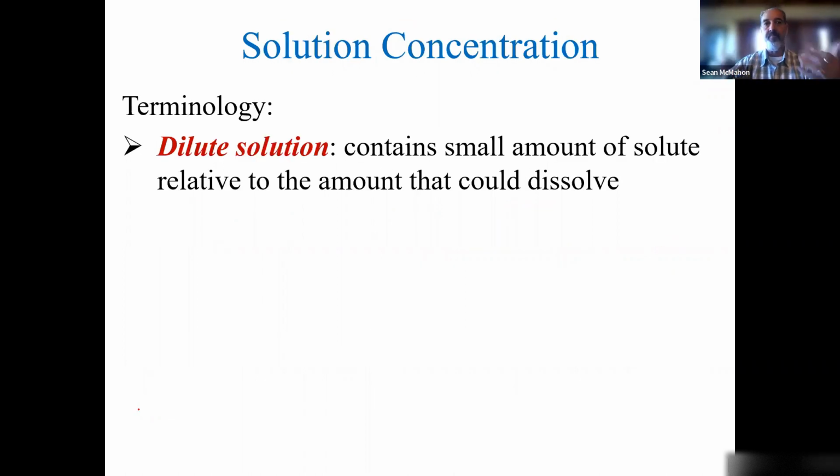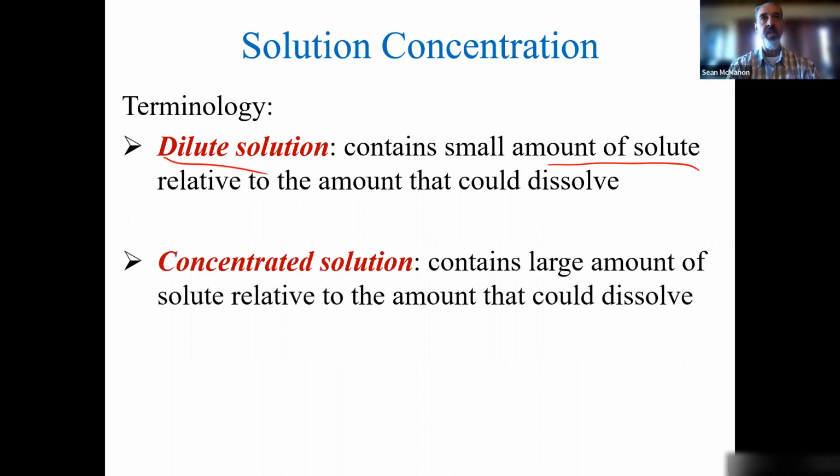Well, when we talk about concentration and solution concentration in chemistry, most of the homogeneous mixtures are salt solutions. We take ionic compounds, we dissolve them in water, right? Now, we sometimes hear the term dilute.